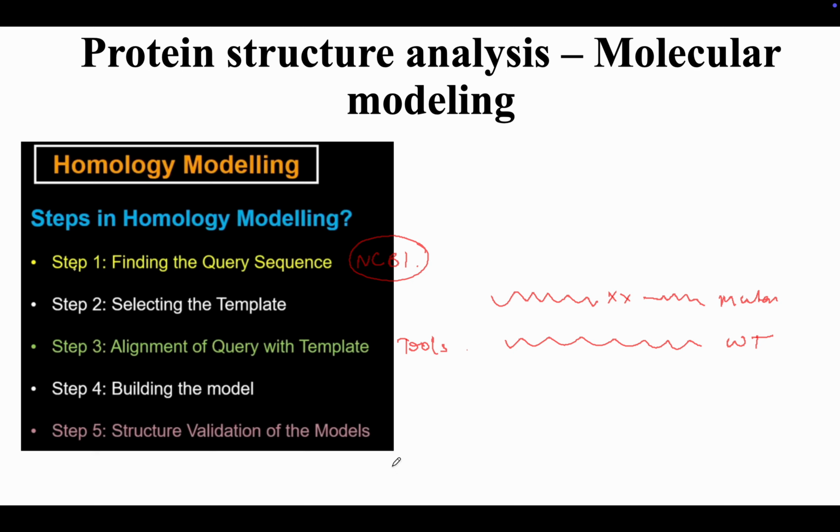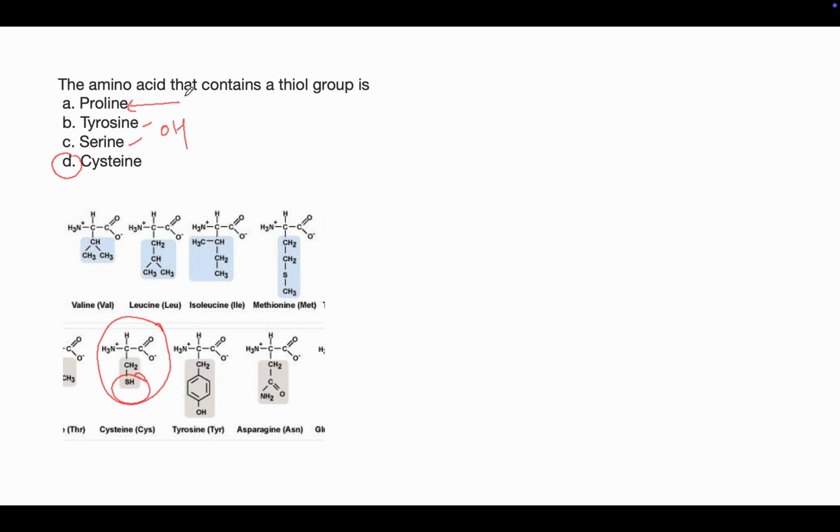So the correct answer is cysteine. For serine and threonine, we have hydroxyl group, and proline is the cyclic amino acid, where the R chain is connected to the amino group of the amino acid. So the cysteine has thiol group.